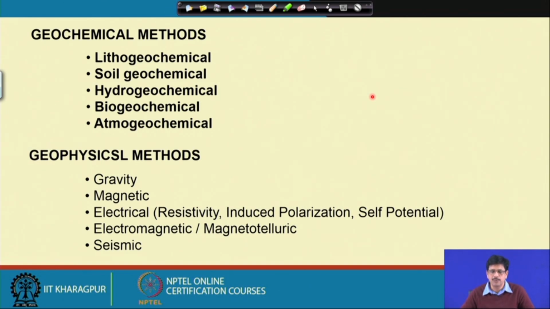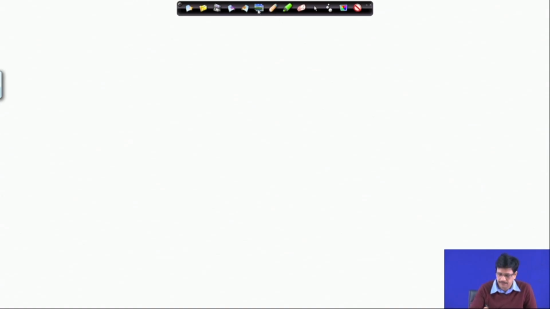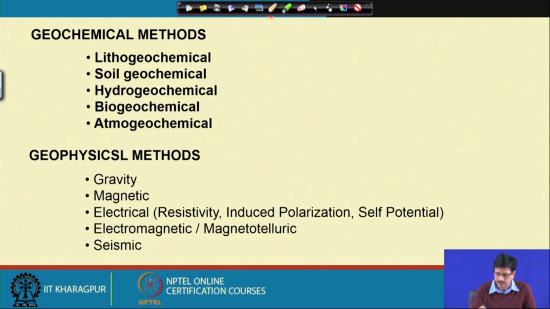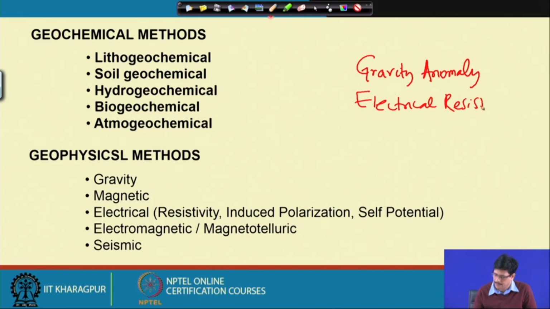The kind of anomaly we are calling either a gravity anomaly, or an anomaly detected by electrical resistivity, or the magnetic, or detecting a magnetic anomaly, or an electromagnetic anomaly.